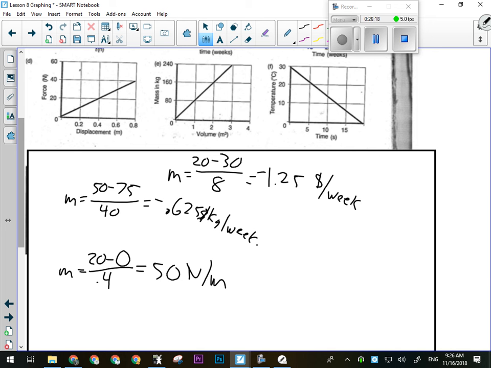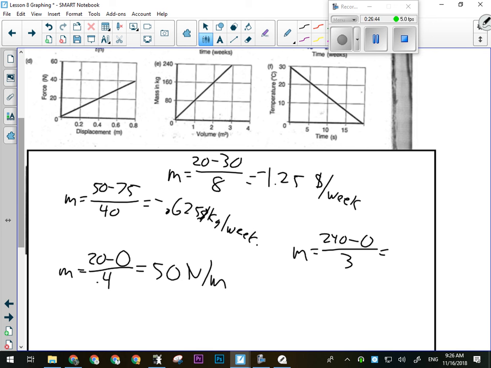All right, for graph E here, we've got mass in kilograms and volume in meters cubed. Okay, so I'm not sure what this would be a graph of, but okay, it's a graph of kilograms versus meters cubed. So that one there, m will be 240 minus 0 divided by 3.